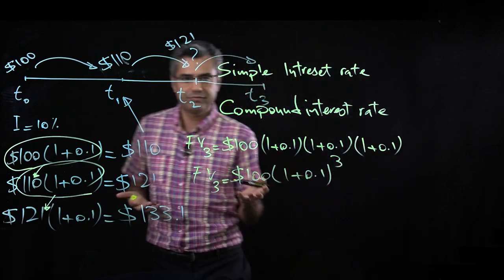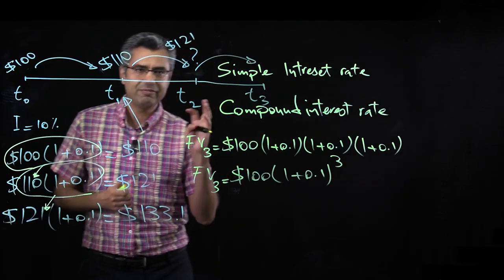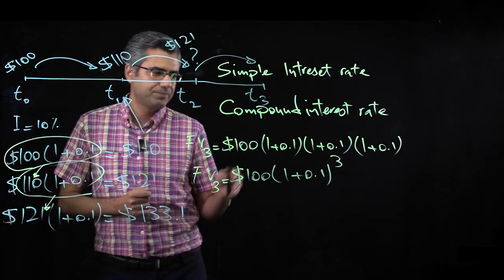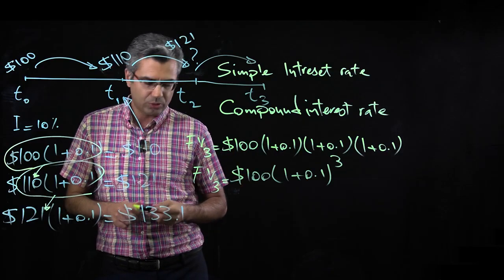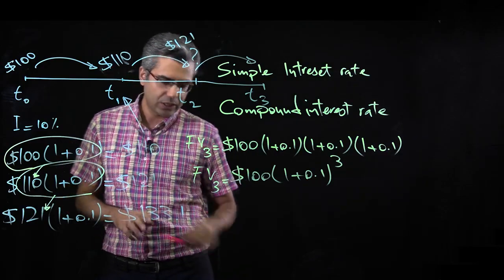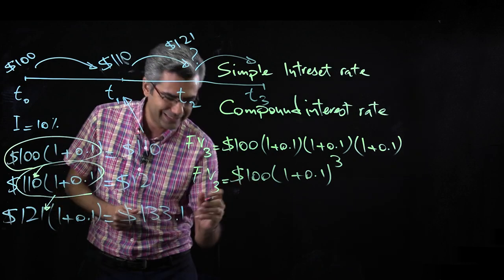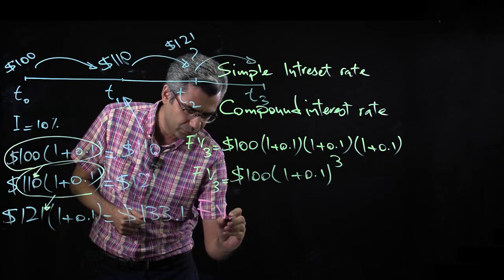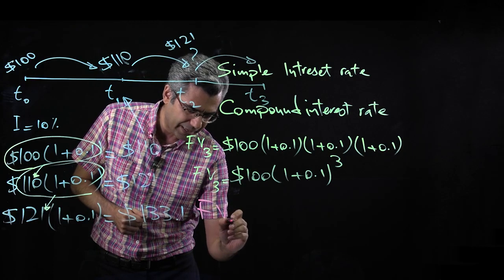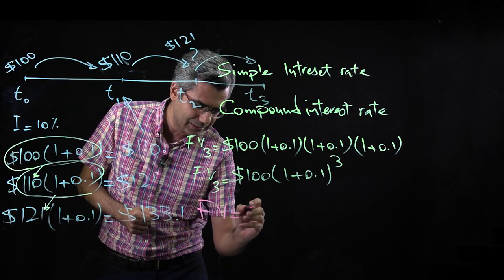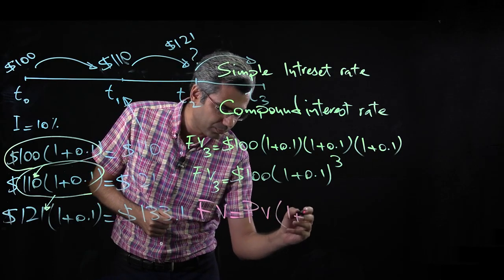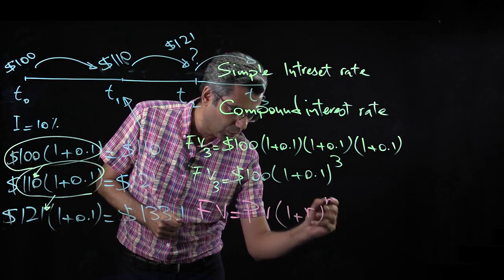So actually this is the formula for computing the future value of your investment after 3 years. So how can I generalize this formula? I think it's very clear. The general form of the formula: future value after n years is present value multiplied by 1 plus interest rate, to the power n.